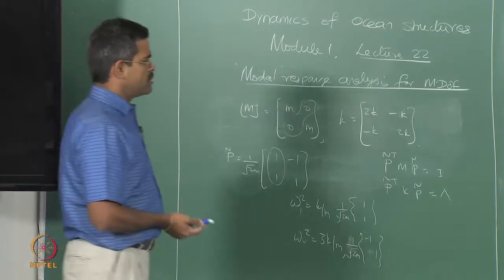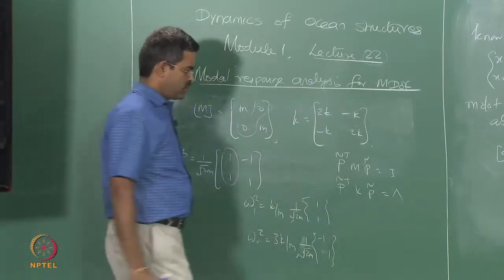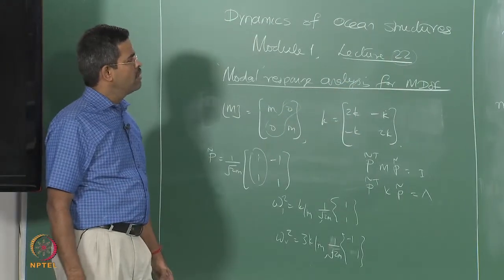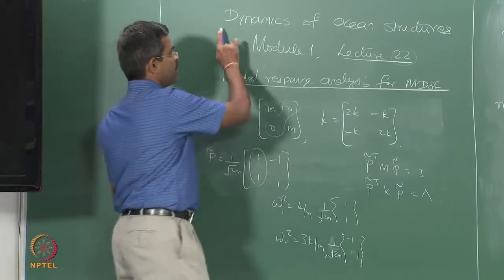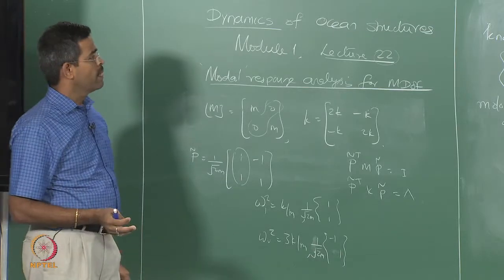So, is there any doubt at this stage? We have discussed about 22 lectures successfully in dynamics first module, where we talked about the fundamentals of dynamics, which is applicable to all types of structures, not only ocean structures.